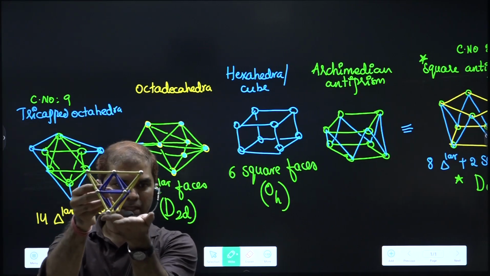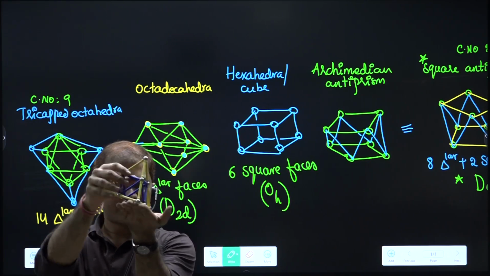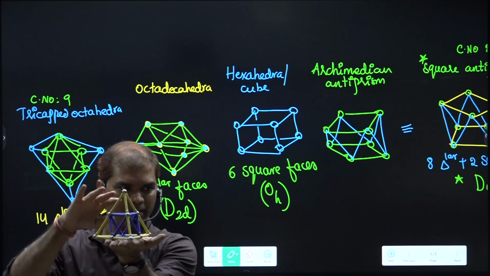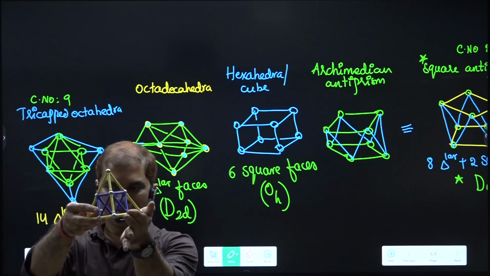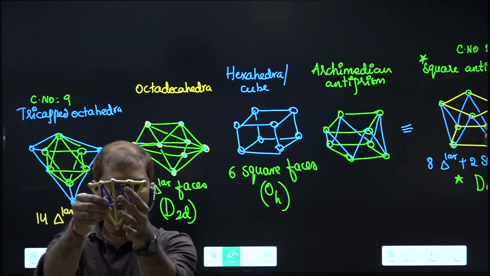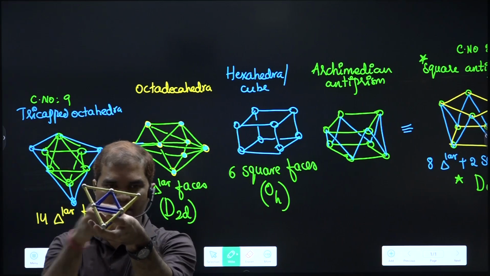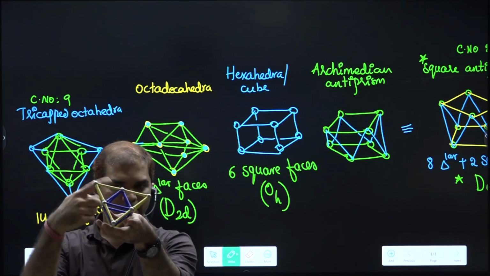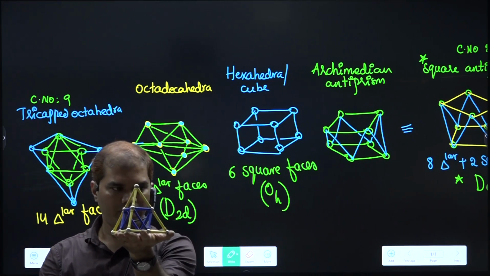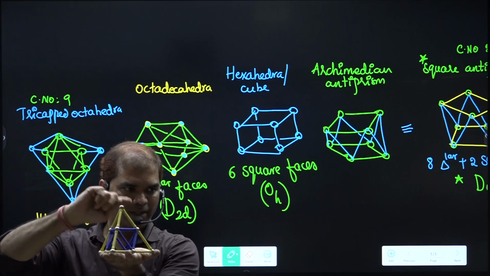Okay, the same structure I'll hold it in a different way. How is it looking like? Pyramid. It is just looking like a pyramid, but this pyramid is holding an octahedra inside. It is holding an octahedra inside and it is tetracapped. But if I look at it in a different way, it looks like a pyramid. Okay, so this is tetracapped octahedra.